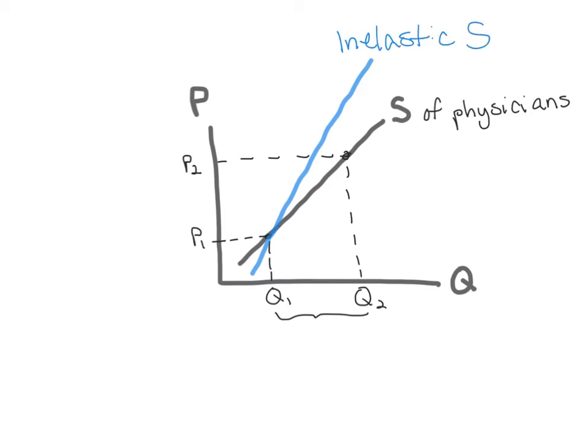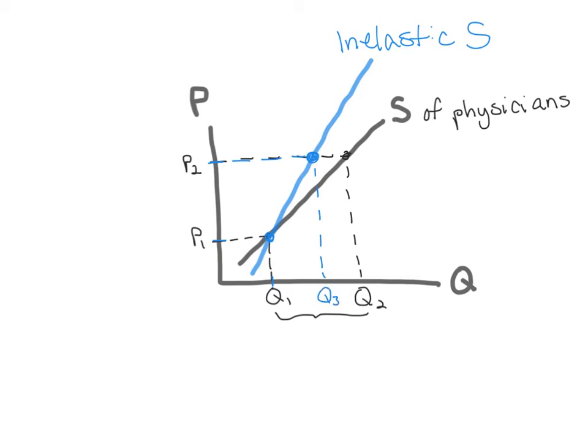Okay. To see the impact of this, suppose we start with an initial cost of a physician at P1, as we did before. So the corresponding quantity of physicians being supplied is also Q1, just as before. Okay, but the difference is in what happens when the price of a physician increases. So if the price of a physician now increases to P2, okay, now the quantity supplied will increase, but only to, let's call it Q3.